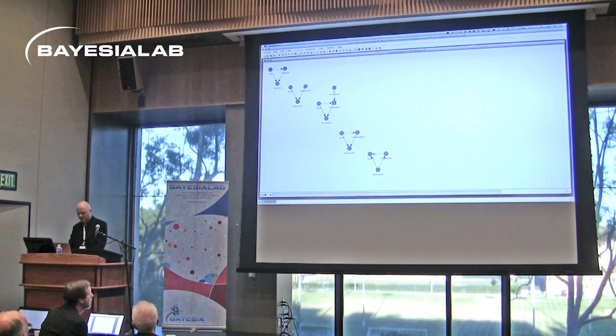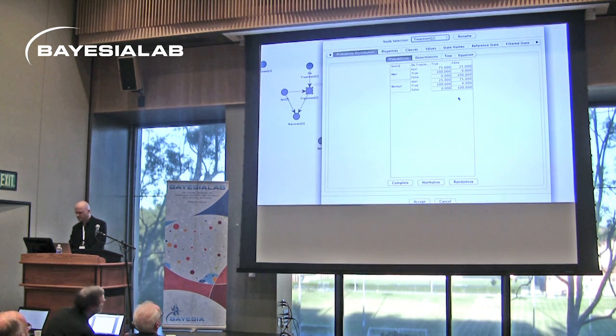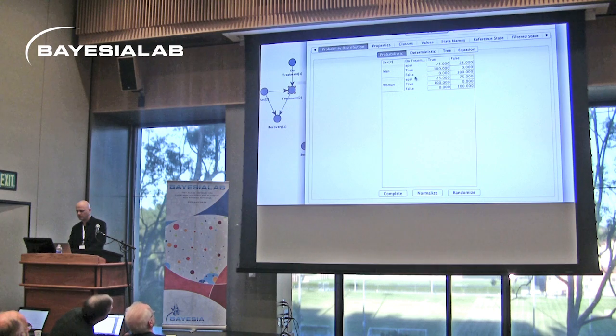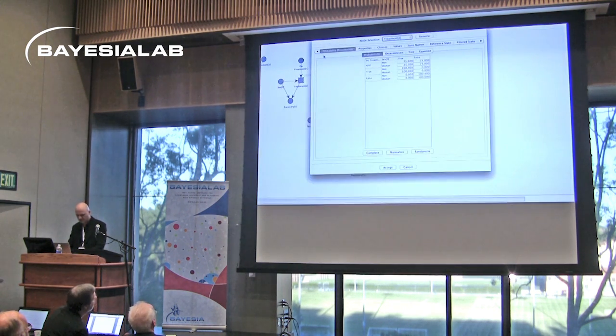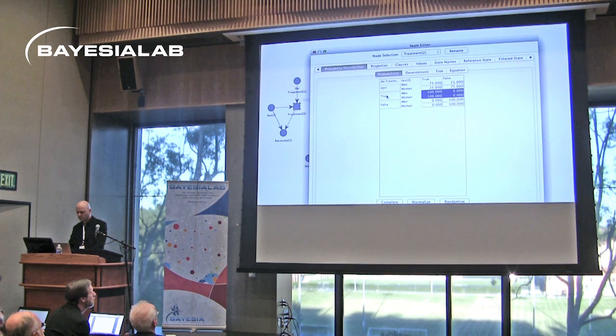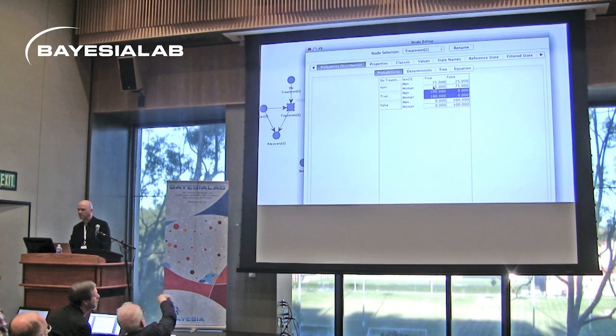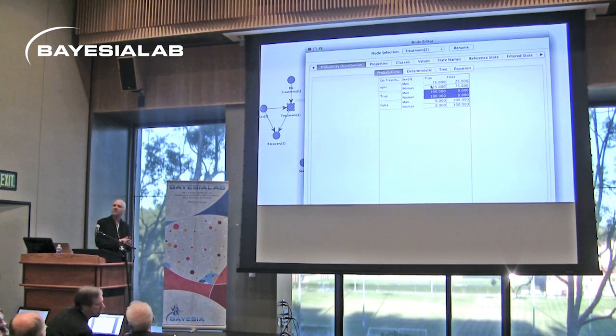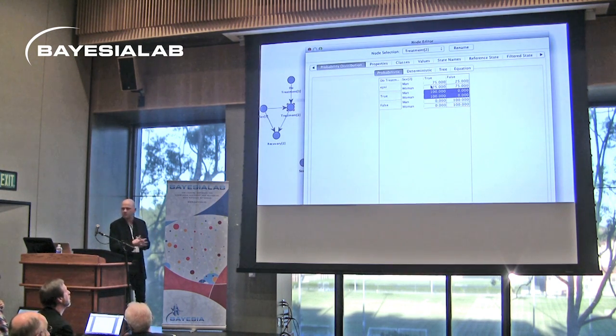The CPT is this one. If do treatment is true, then it's true for treatment. If do treatment is false, then it's false for treatment. And if I don't know, I'm just taking exactly the same probability distribution.